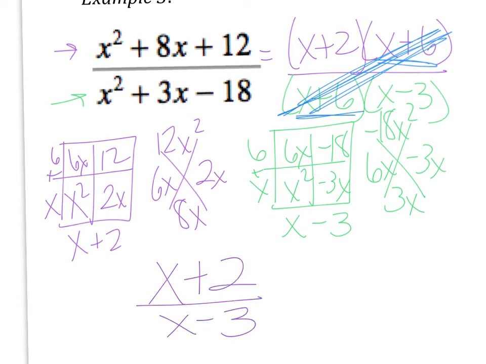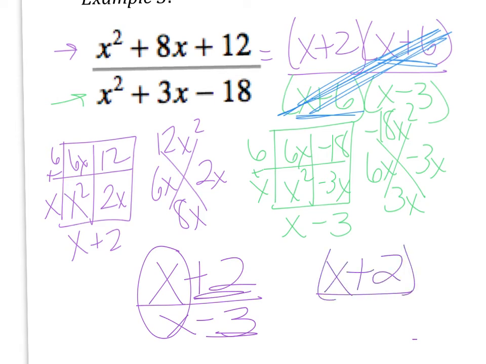And be careful, you can't cross out these x's here, because you're adding 2 and subtracting 3. So it is just going to stay x plus 2, so think of them together, you can't break them apart, over x minus 3.